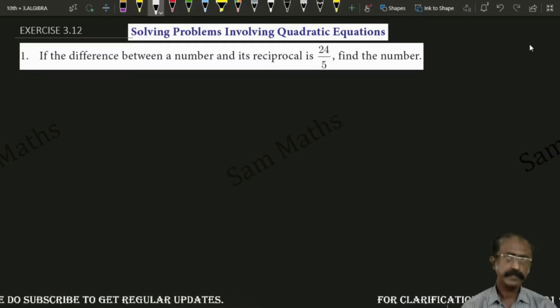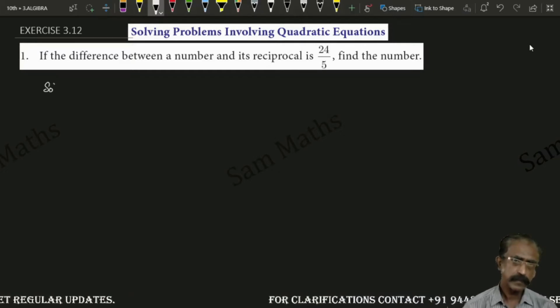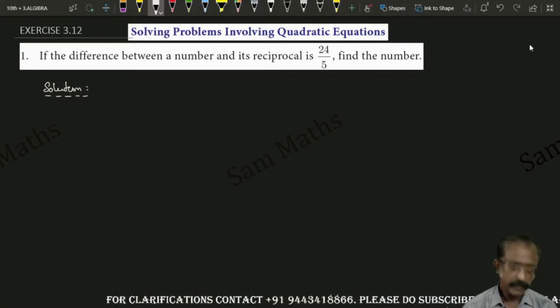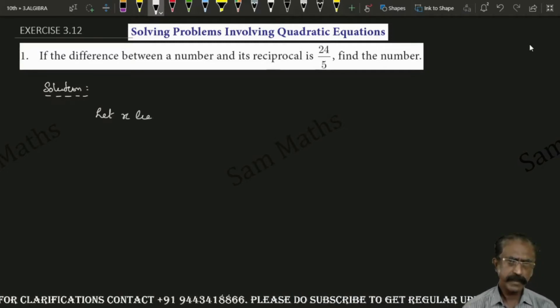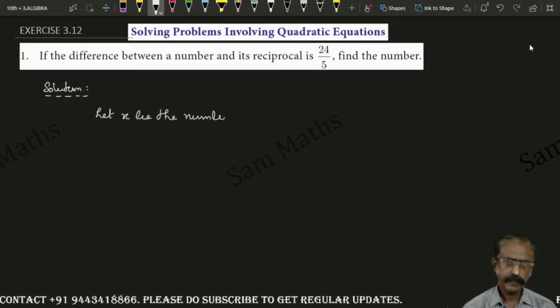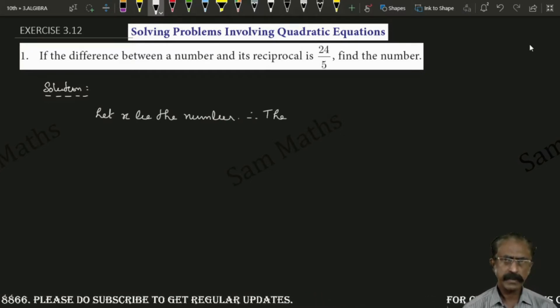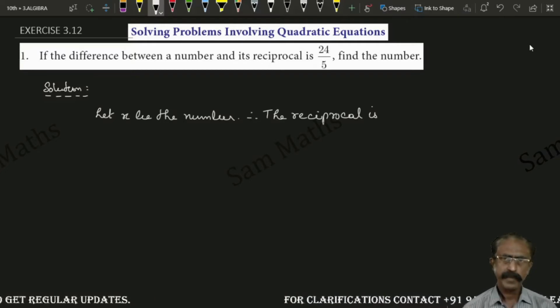Solution. Let x be the number. Therefore, the reciprocal is 1 by x.